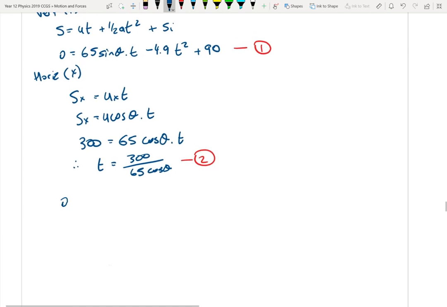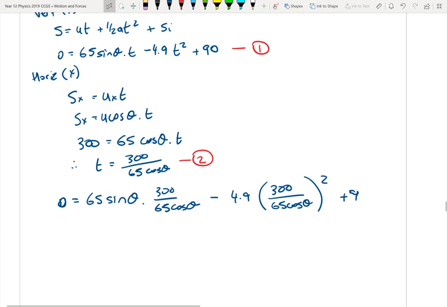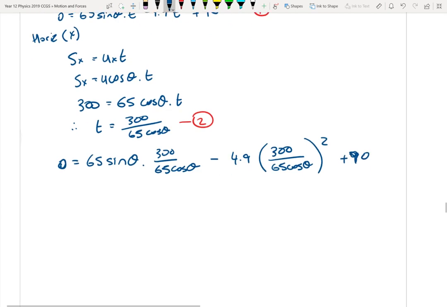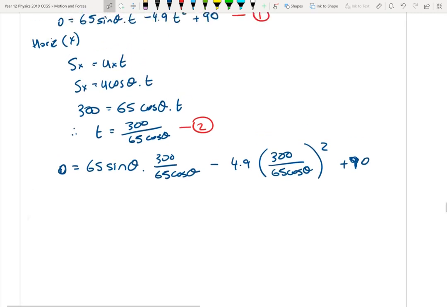And so we get 0 equals 65 sine theta times 300 over 65 cos theta, minus 4.9 times 300 over 65 cos theta all squared. Oh, that's different. Plus 90. Now here, make sure I've got everything right. Yes, that's right. Am I missing a sine theta?